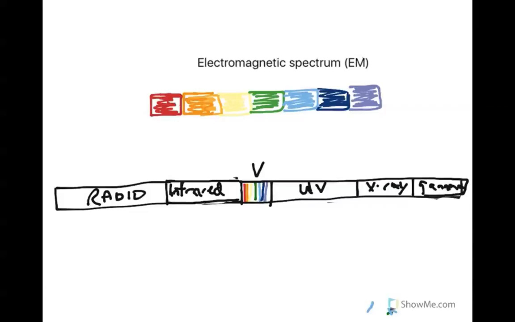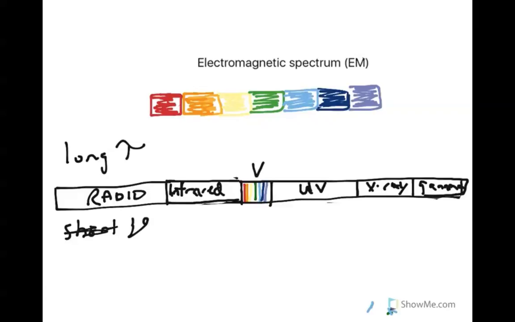Then you have the visible band, and notice that the red side, or the red color of the visible band, is on the infrared side, or on the radio side, which is the long wavelength side. So we can go ahead and label this side as the long wavelength side, or the short frequency side.